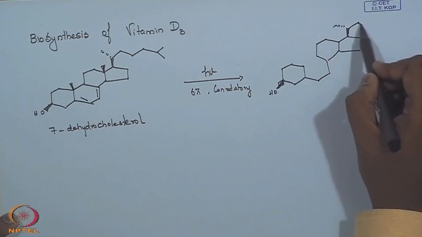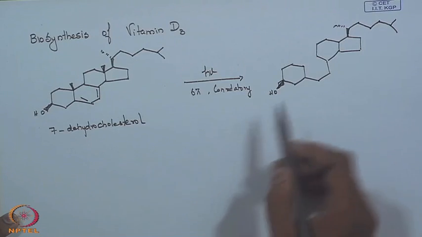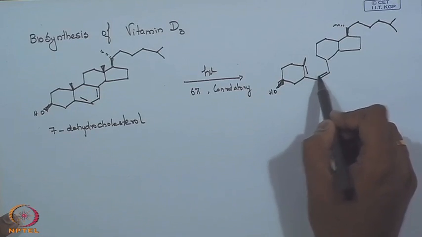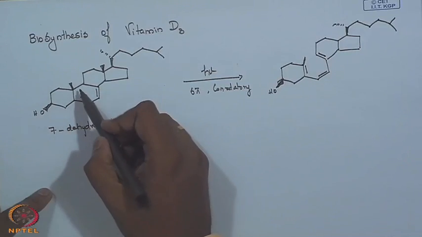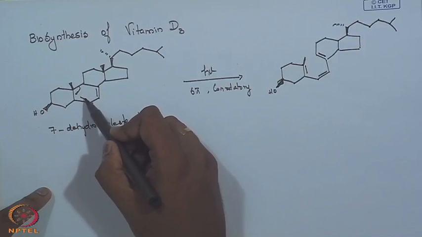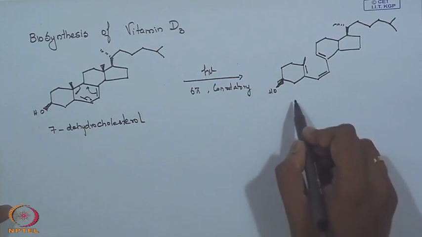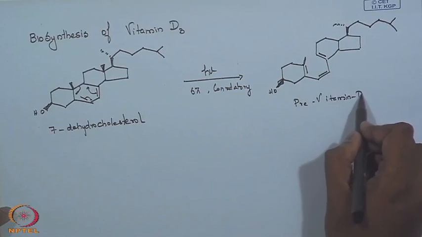Now you have your methyl and your system. It is a very good ring opening process. It is a 6 pi electron system, conrotatory. If you take 7-dehydrocholesterol and photolyze it, you get this. What is this? This is pre-vitamin D3, the initial step to your vitamin.